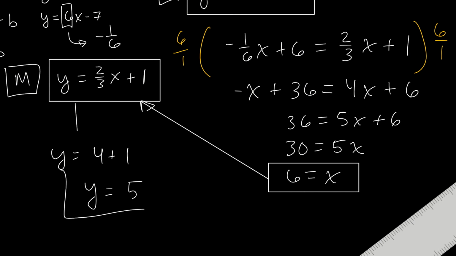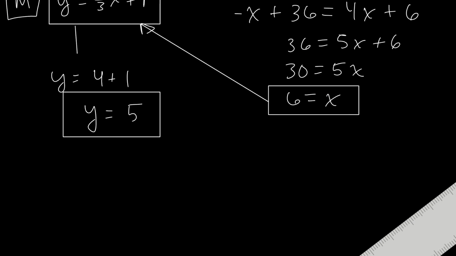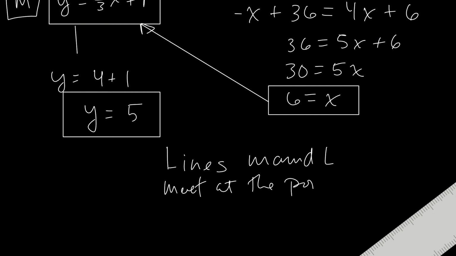So that means together my solution is lines M and L meet at the point (6, 5).